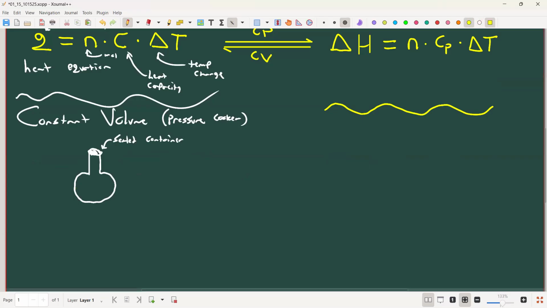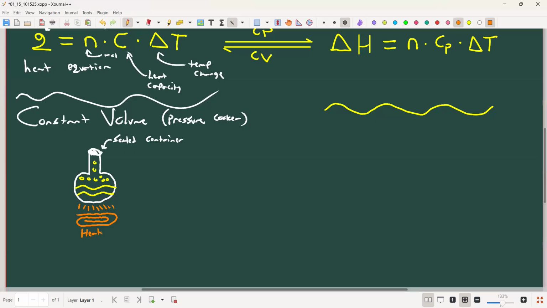And inside of there, of course, you may have some gas or liquid. And we're, of course, going to apply heat to it, a coil or some sort of heating element. And what happens in this process? Well, of course, that heat is transferred in. The heat comes in.